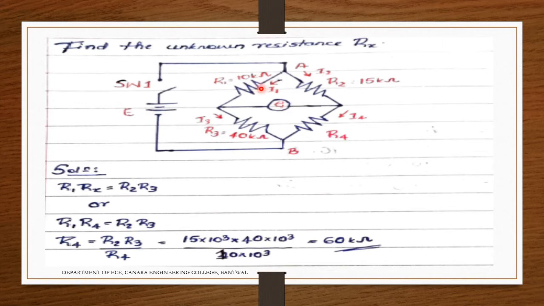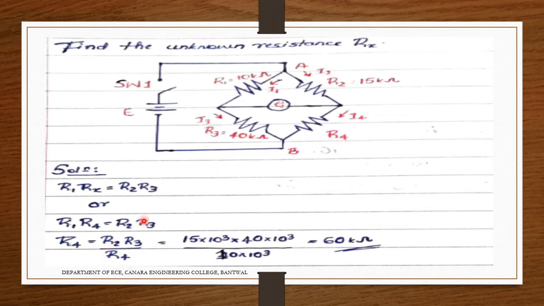How? Depending on these values. Here R1, R3, R2 and R4 are given, so we have to find R4. What is the condition? The assumption is that the bridge is balanced. So R1 into R4 is equal to R2 into R3, or we can also write it as R1 divided by R3 is equal to R2 divided by R2 over R4.